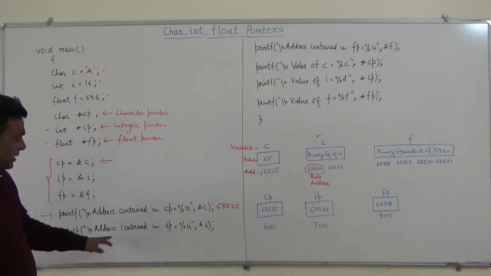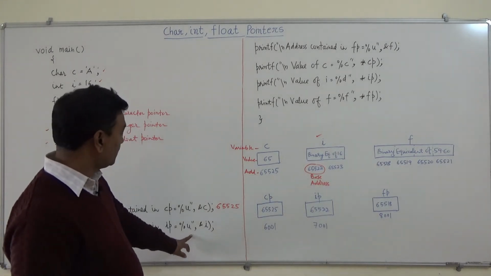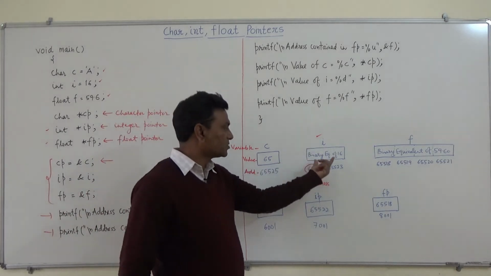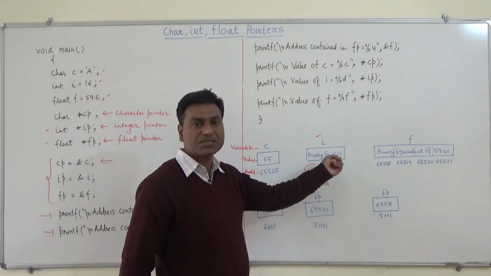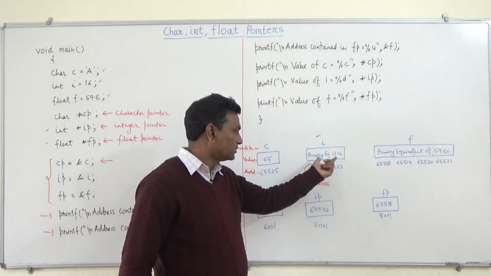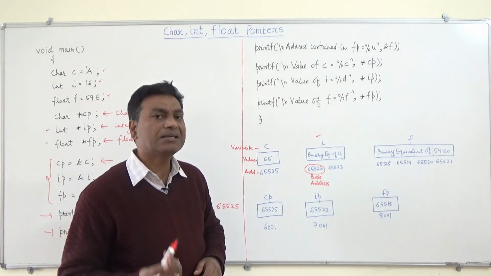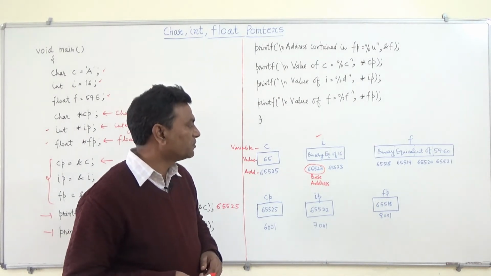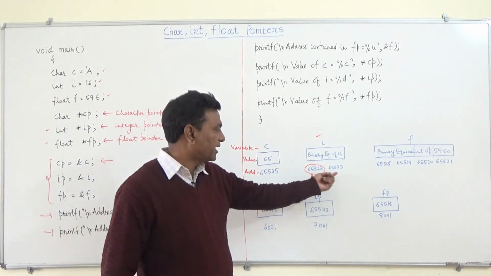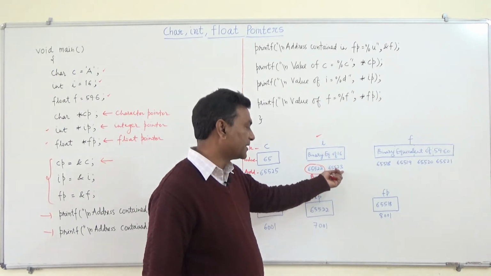Now the second statement is, we want to print the address contained in the integer pointer. Now the value of I is 16, so this will be the binary equivalent of 16. And because I is an integer variable, it will take 2 bytes in memory. So it will require 2 memory locations. So these are the 2 memory addresses: one is 65522 and the second is 65523.